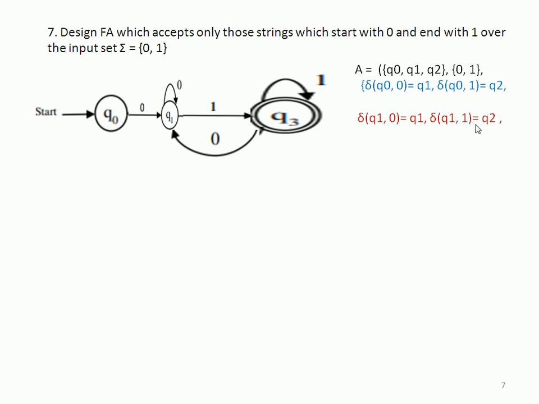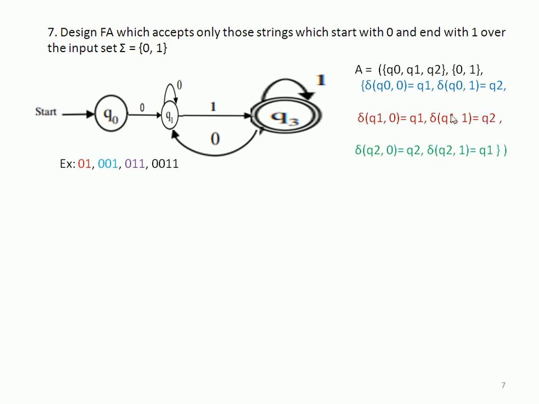Delta of Q1, 1 is equal to Q2, that is actually Q3. Delta of Q2, 0 is Q2. Wherever Q3 appears, please refer to it as Q2.